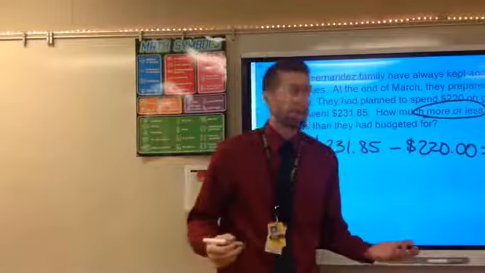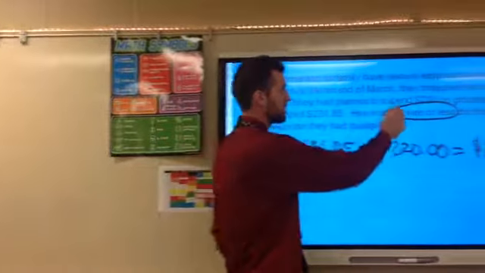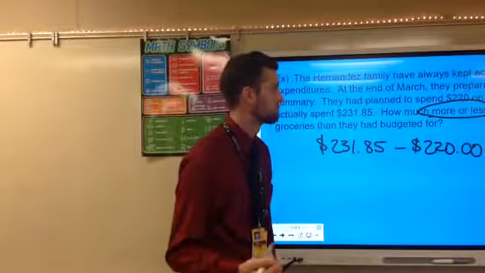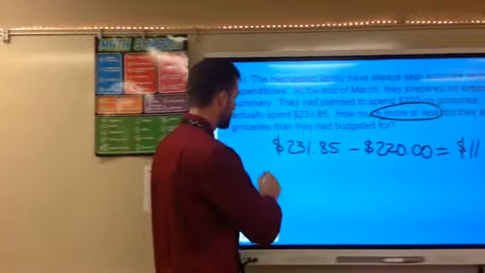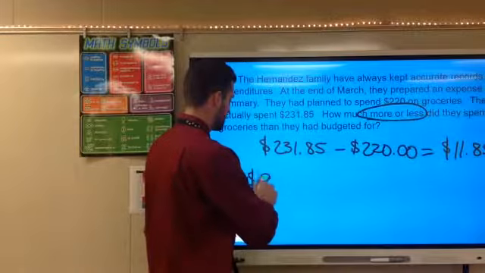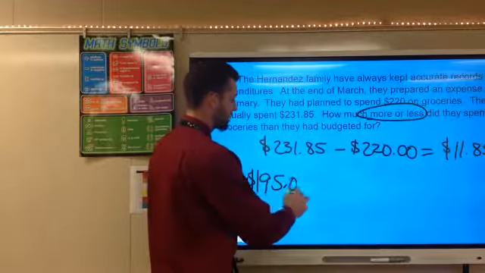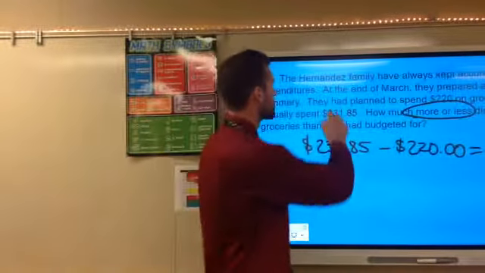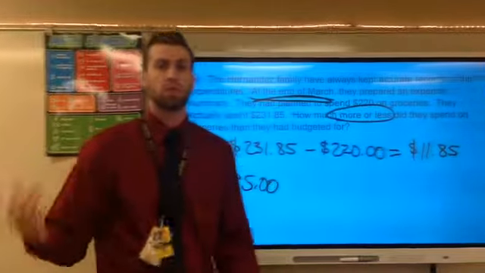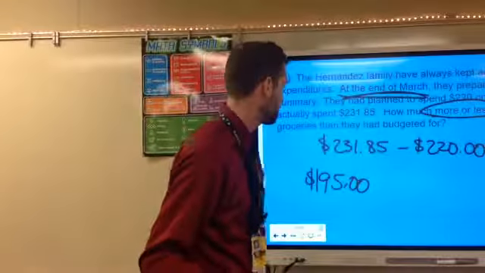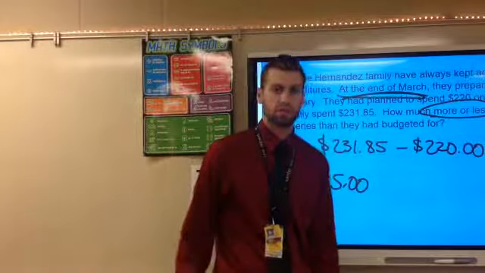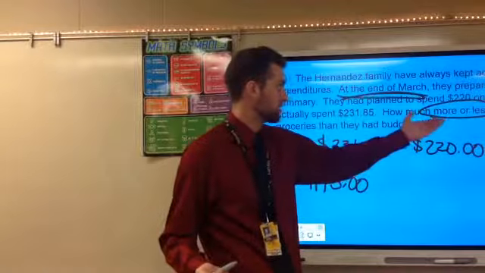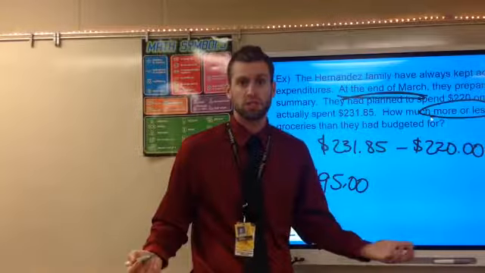Let's say they had, for example, the same budget on groceries. So $220 they set aside for their budget on food. Let's say they spent $195 that month on food. It says at the end of March here, so it looks like they're doing a monthly budget on food. Let's say they spent $195 on food at the end of March. How much less did they spend on groceries than they had budgeted for?